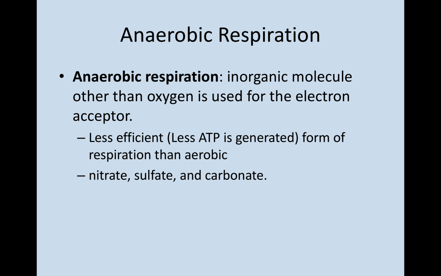Anaerobic respiration, inorganic ions, molecules other than oxygen are used. It's less efficient, less ATP is generated. So anaerobic is always less ATP. I'm not going to go through an example of anaerobic respiration. It's not important for us, but you should know that it's always less ATP.